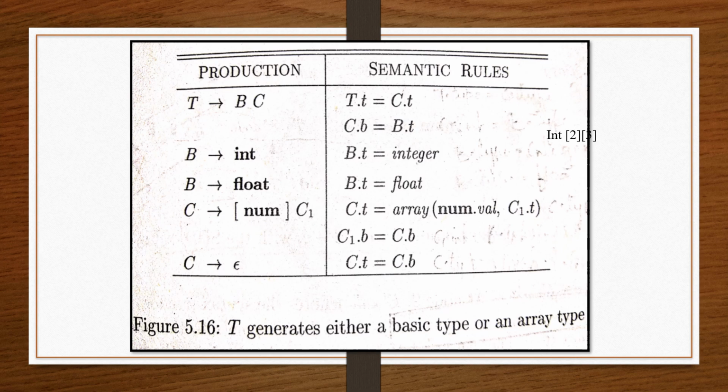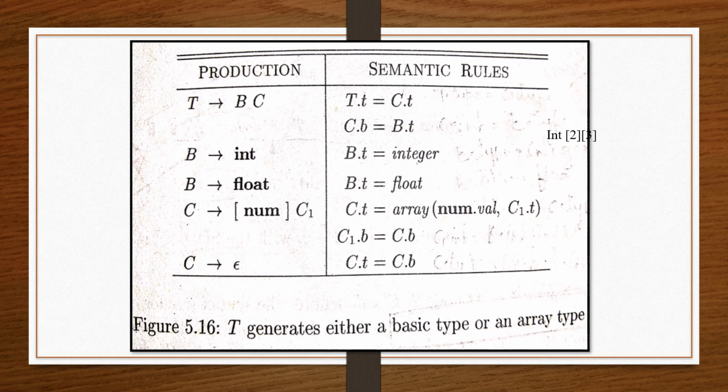So that is the main meaning of this particular grammar. Now look at this. The non-terminals B and T have a synthesized attribute small t representing a type. And non-terminal C has two attributes, an inherited attribute B and a synthesized attribute T.